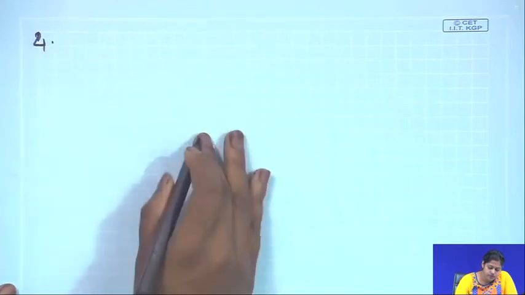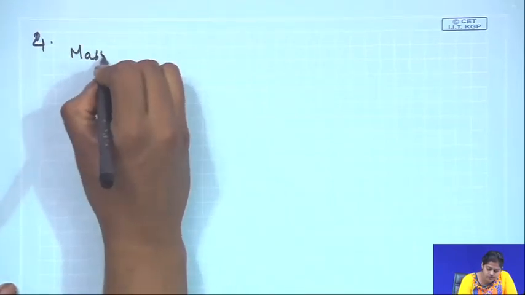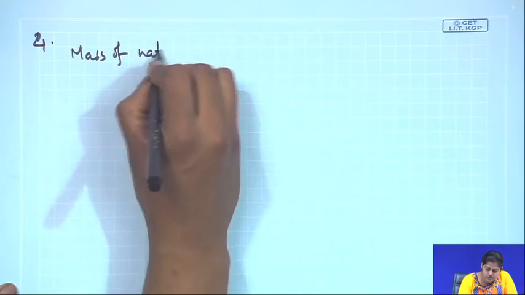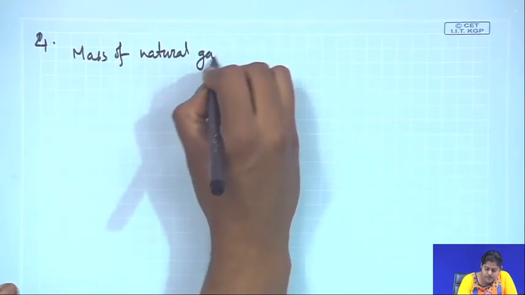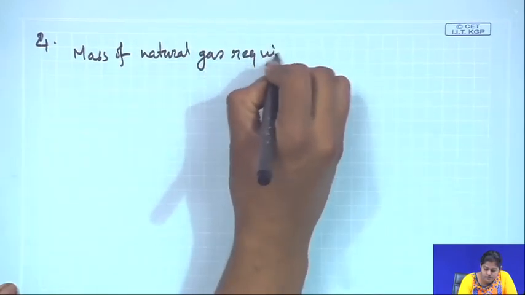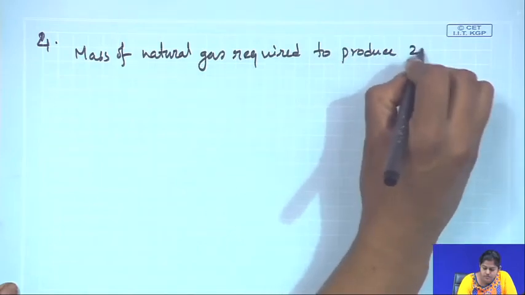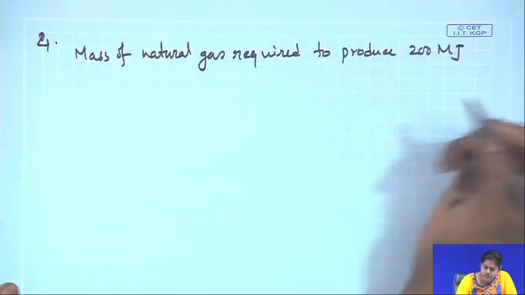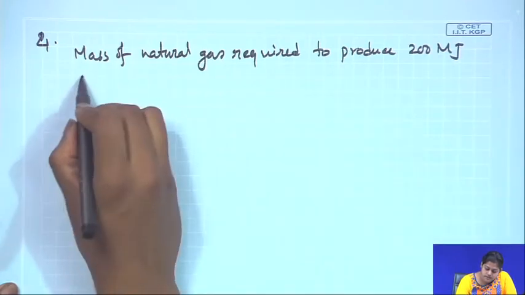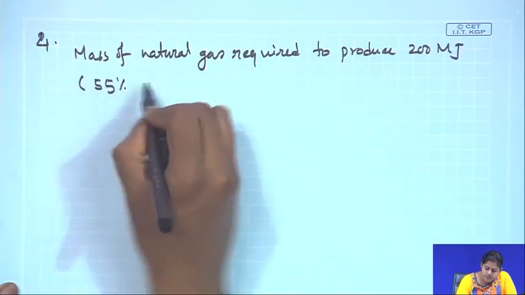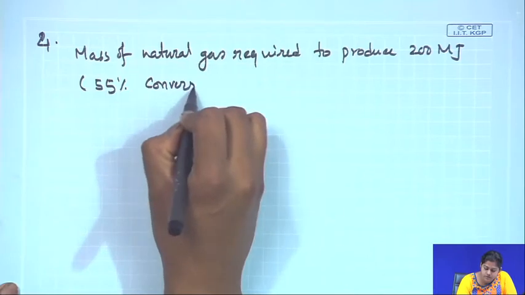So, problem number 4, we will calculate the mass of natural gas required to produce 200 megajoule of energy, and it says in the question that 55% is the conversion efficiency.